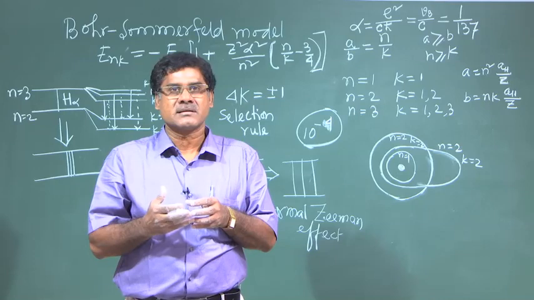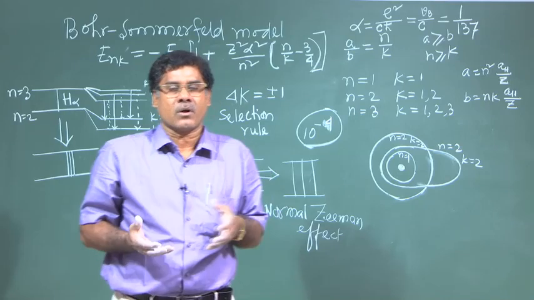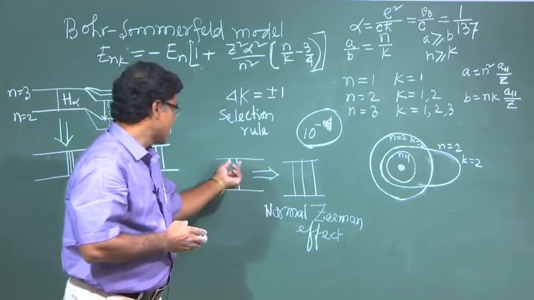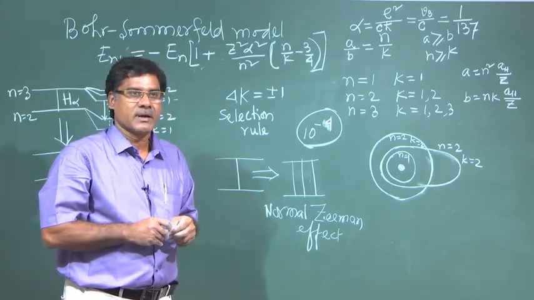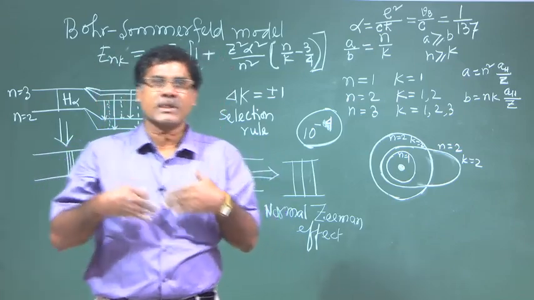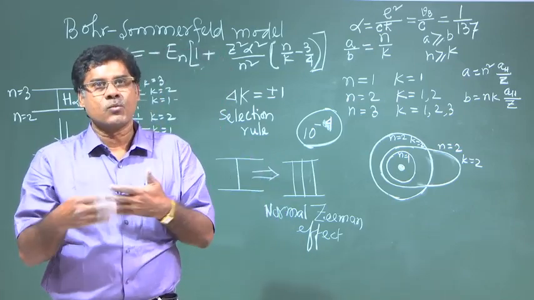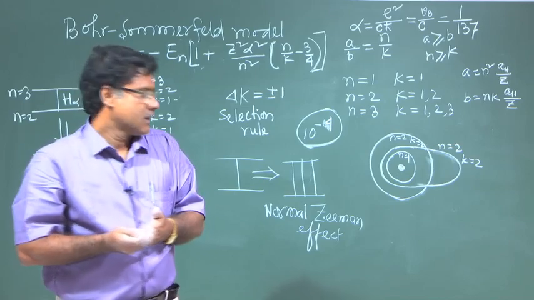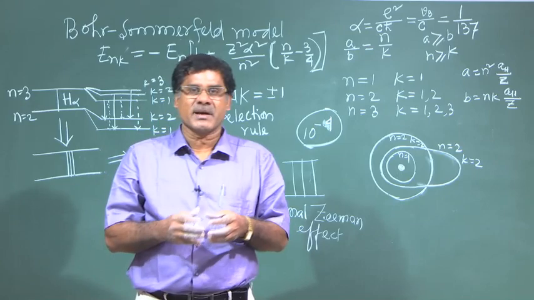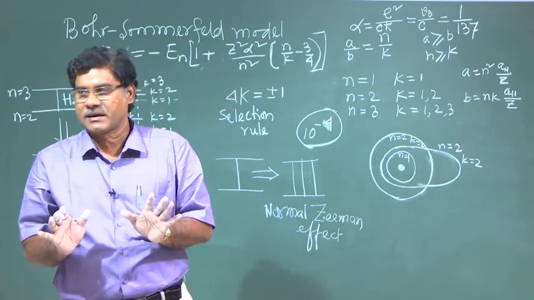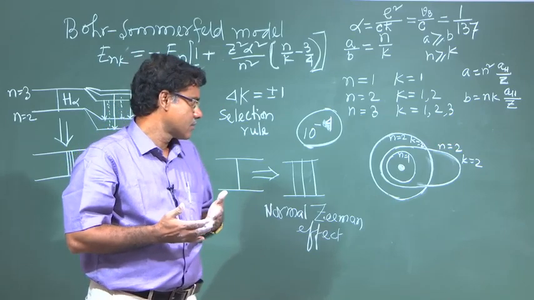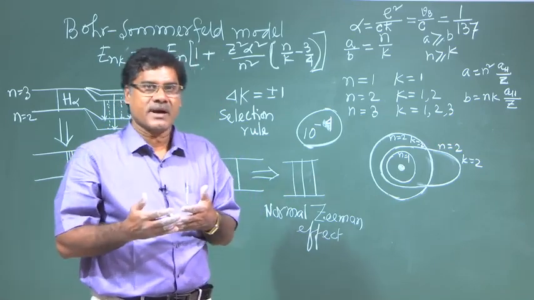That number is not the same for all spectral lines; it depends on the origin of the spectral lines. It is seen that it is splitted into more than 3 lines. In some cases it is split into 6 lines, in some cases 4 lines, etc. So it is more than 3 lines at weaker magnetic field.